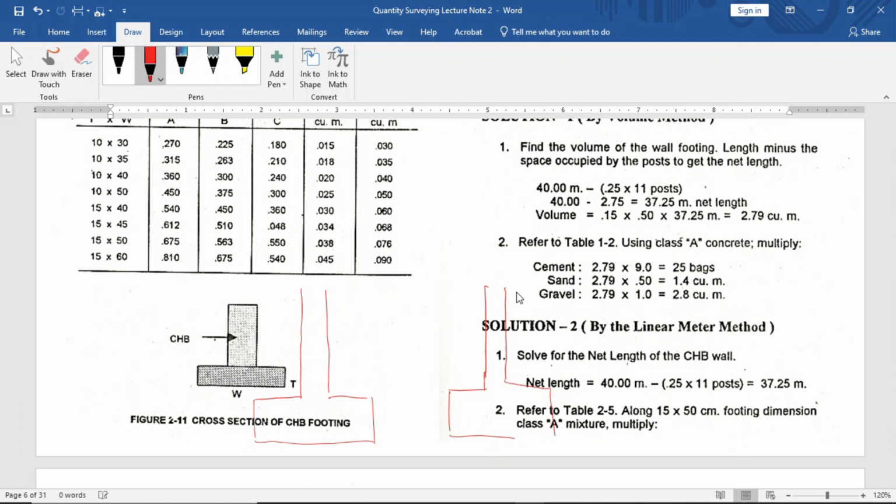Tapos, yung wall footing natin o CHB footing ay hanggang dyan na yan, in every column. Kaya mina-minus natin yung sa post. Kung may mga column tayo dyan, ima-minus natin yung sa net, sa gross length.